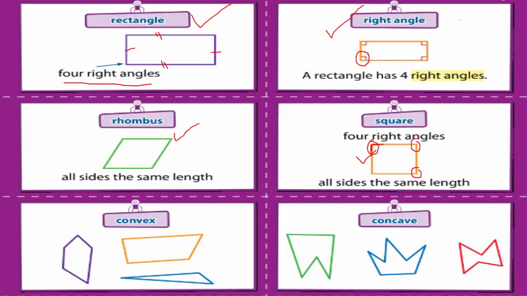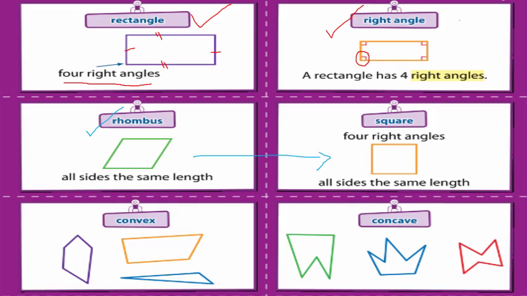Okay, then we have the next polygon, and its name is rhombus. What is it? Rhombus. Very good. All the sides have the same length. In a rhombus, all four sides have the same length, just like a square. So the square has four equal sides and the rhombus has four equal sides.